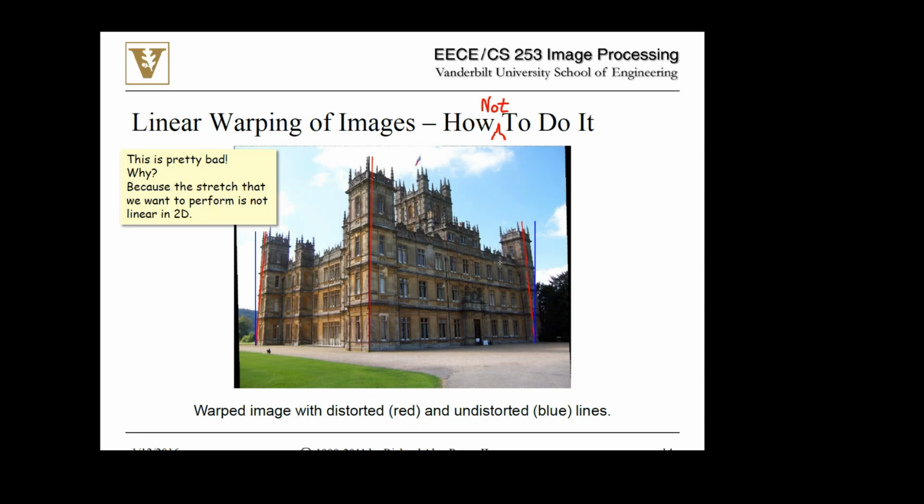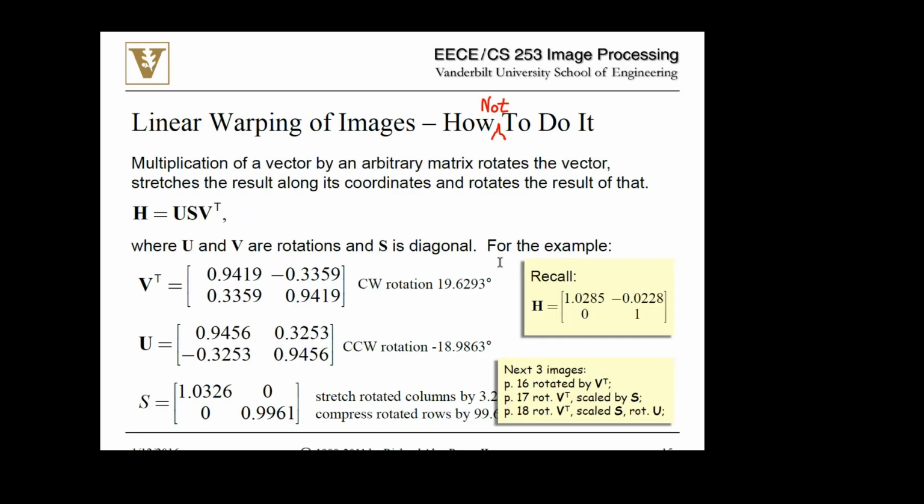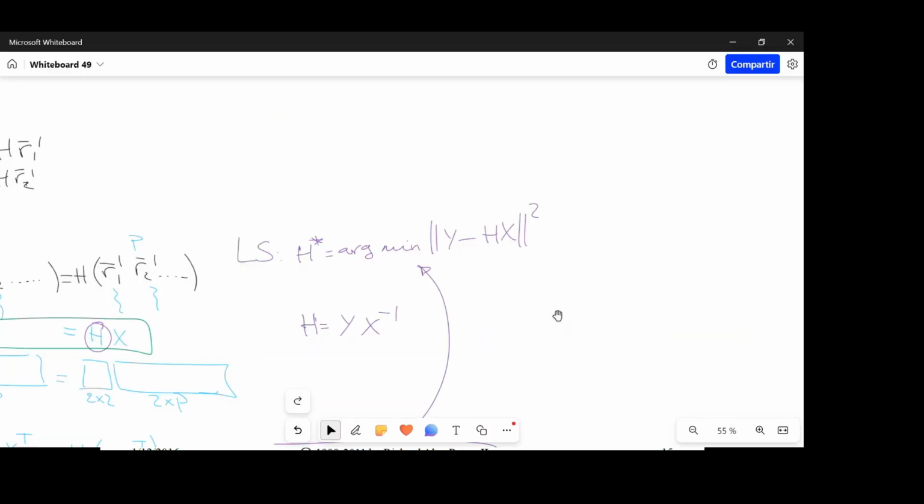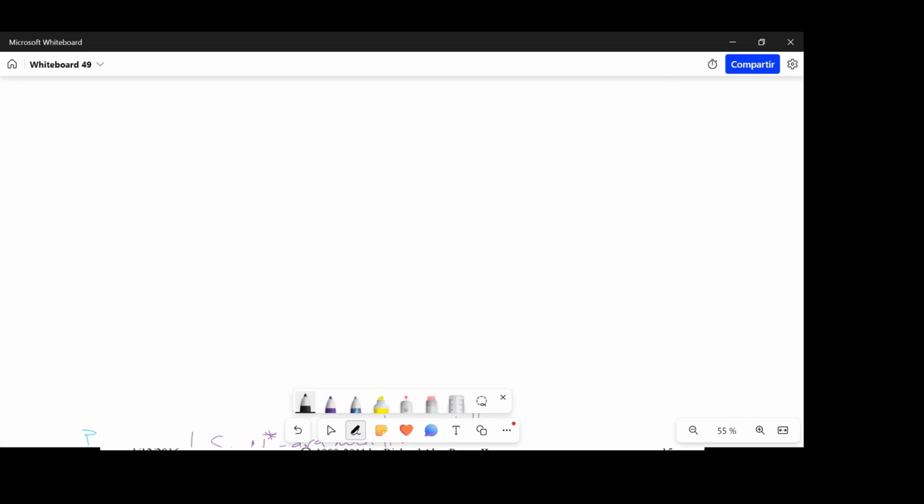So let's see why. This is an interesting relationship. Okay, let's do the H. What is H? H is not moving y. Let's look at the shape of H, of course, that's what we were saying.